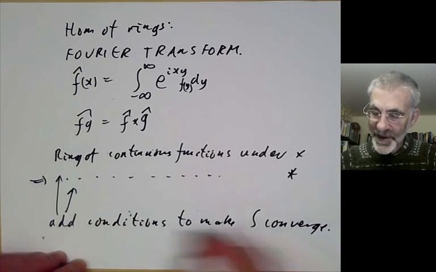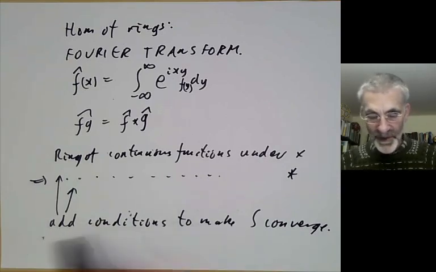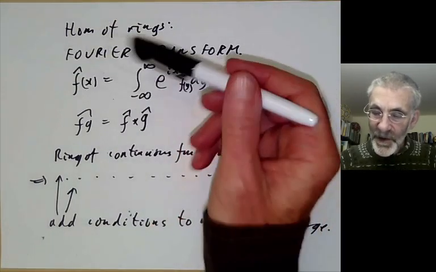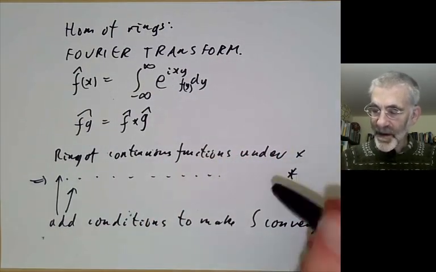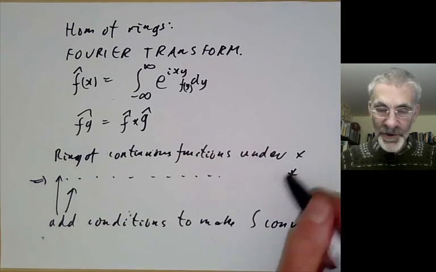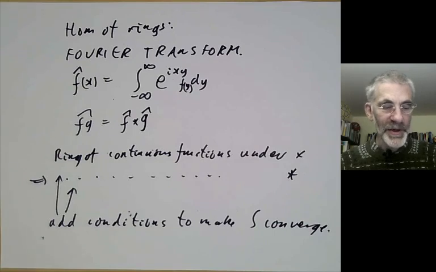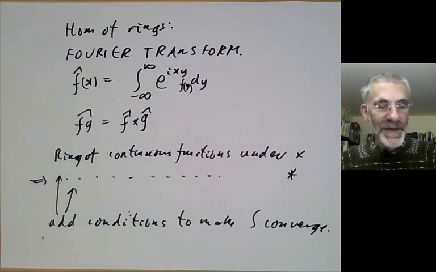There are various different ways of doing that, and analysts get very excited about all these different possibilities, but this is an algebra course, so I'm not going to worry about it. So the Fourier transform is a homomorphism of rings taking multiplication to convolution, and for that matter it also takes convolution back to multiplication. Okay, next lecture we'll be doing some more miscellaneous examples of rings.